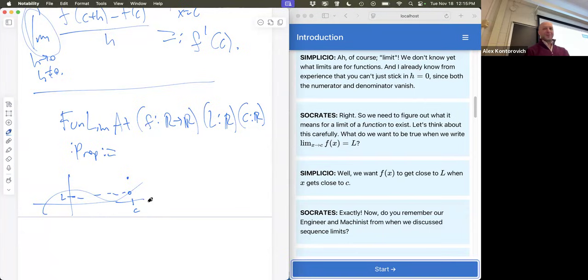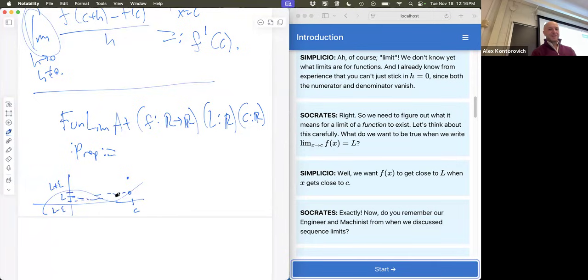Other than those who already know, how did we come up with the definition of limit for a sequence? We had the engineer and the machinist. And the engineer specified a tolerance for the output. And the machinist said, this is the price it will cost you. Okay. So again, the engineer might say, I need the output to be within L plus epsilon and L minus epsilon.